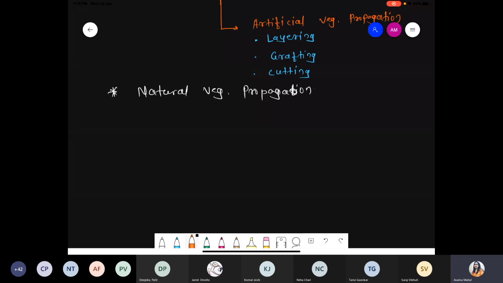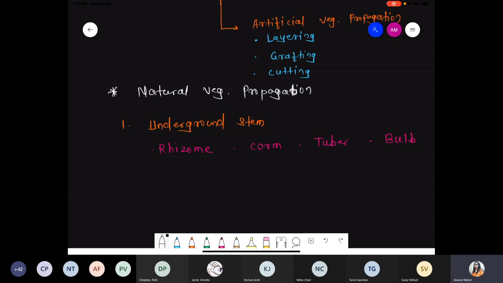In this point of view, you have to remember the examples for underground stem. Under underground stem, we saw rhizome, first category. Then we already discussed the corm category. Then third, tuber, and the last one, bulb category. So first point is underground stem.